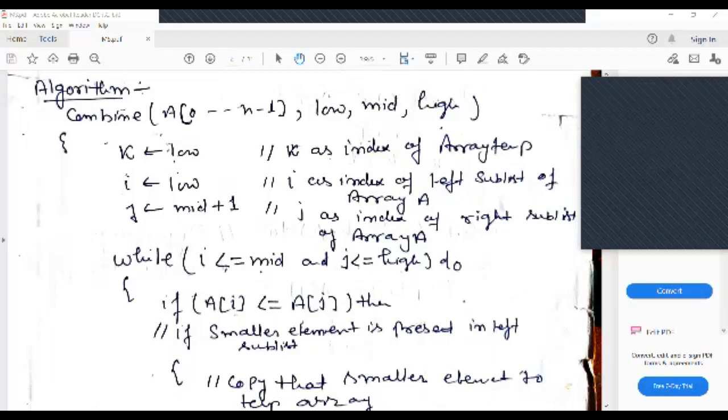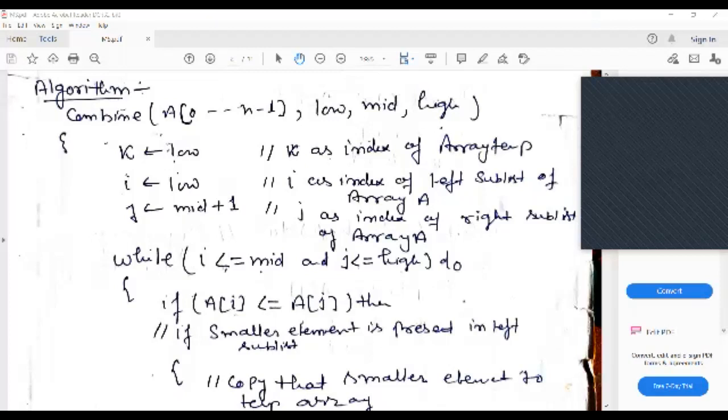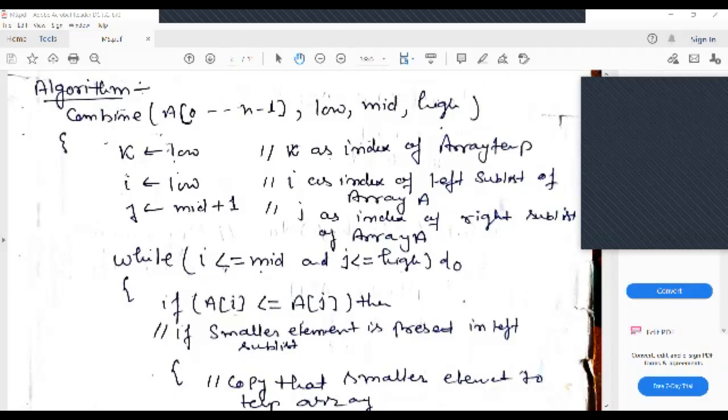Basically, as you have seen, at each and every successive call, what is merge sort doing? Merge sort is dividing the list at its midpoint. So if I say the first part of the problem is the left sublist, and the second part of the problem is the right sublist, what are the I and j variables being used for?